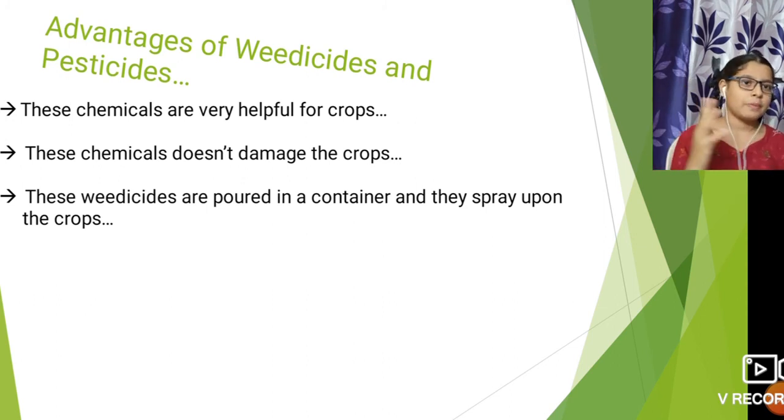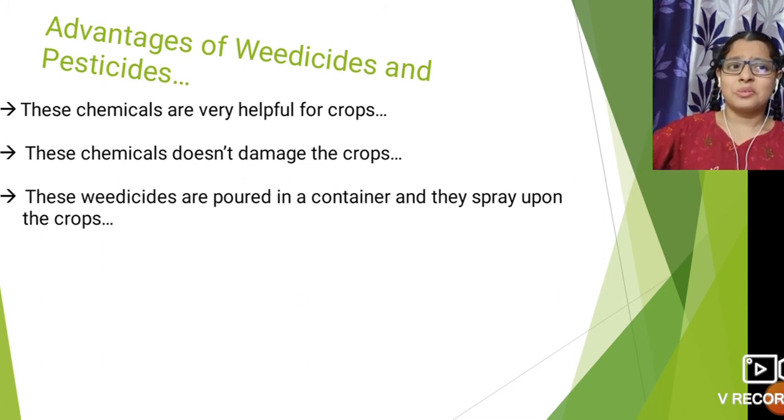Before, I showed a picture of a farmer spraying these chemicals around the field. The chemicals are spread so that they reach all the places, and hence they do their duty, destroying the animals and the weeds. I think you guys have understood.